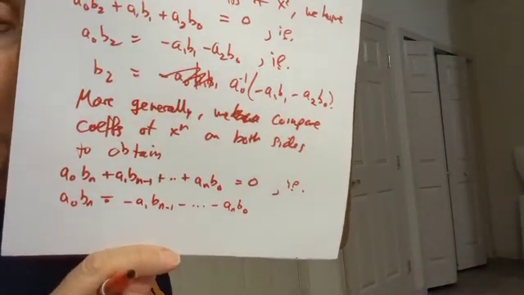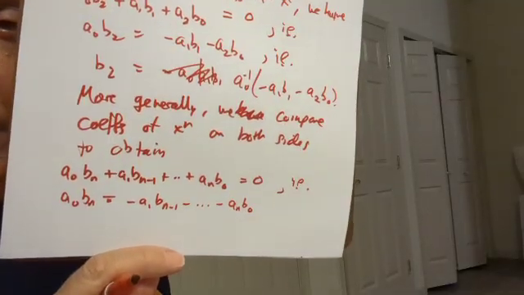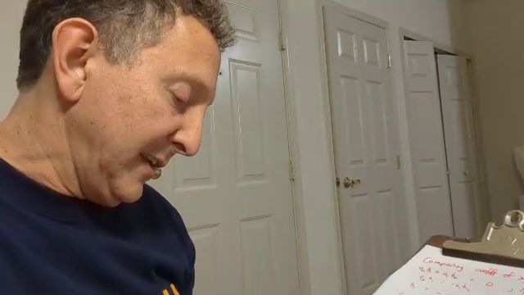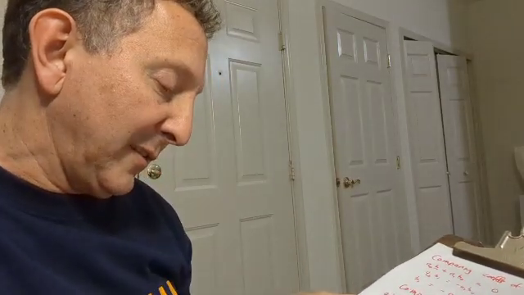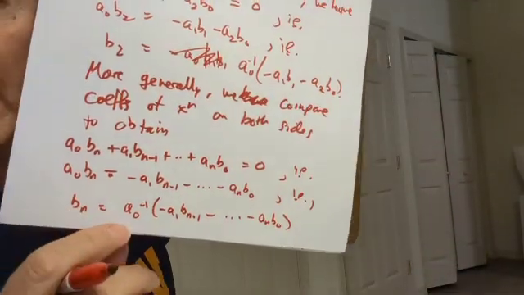It's the same thing with everything pushed over to the right-hand side except for a0 bn. a0 is invertible. So bn equals a0 inverse times that sum, negative a1 b(n minus 1) minus dot dot dot minus an b0.